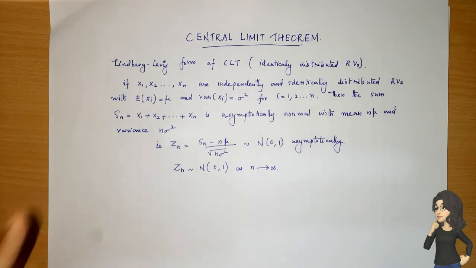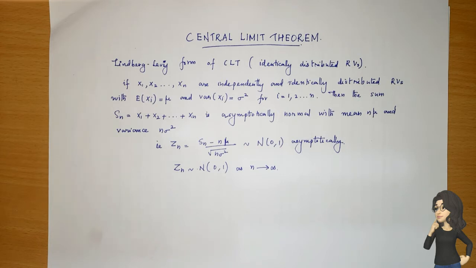If we note this statement, we can see that there are some assumptions in this central limit theorem. The first one is that the variables are independent. Next, all the variables follow the same distribution. It can follow any distribution, it need not be normal, but for all those variables x1, x2, etc. xn, it has the same distribution.